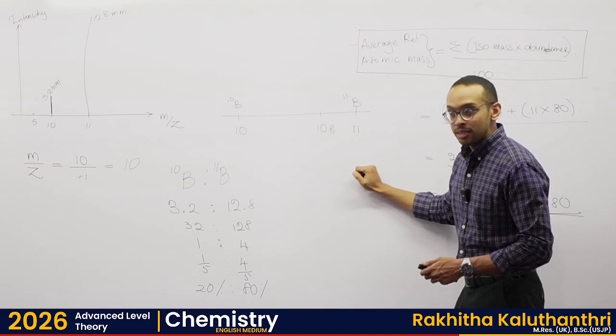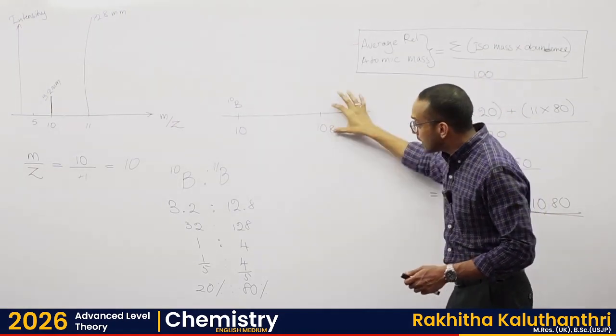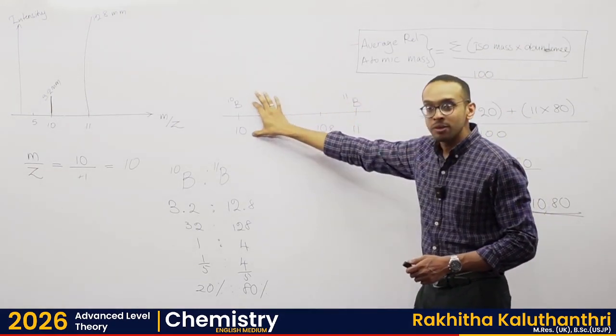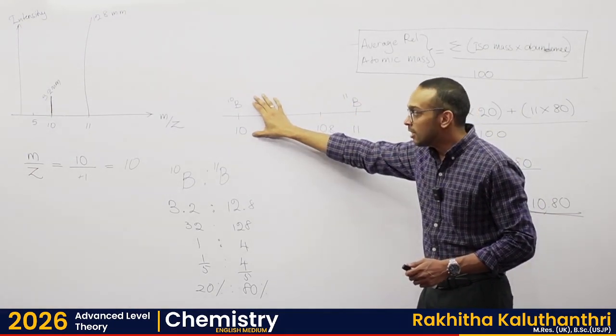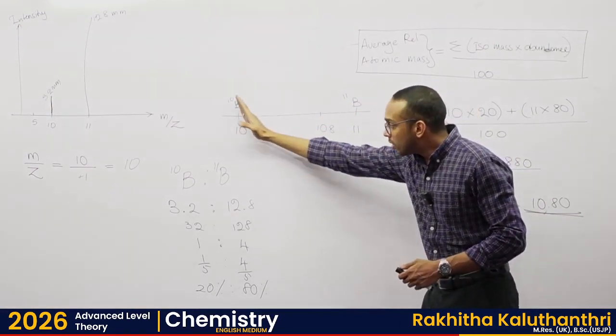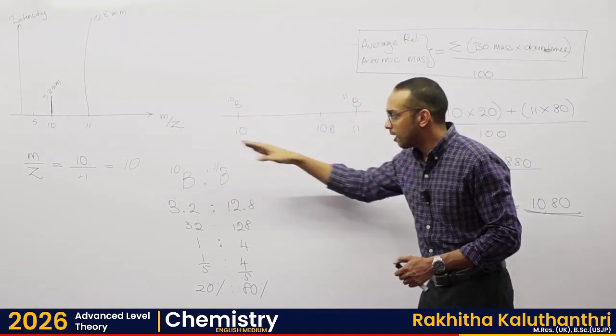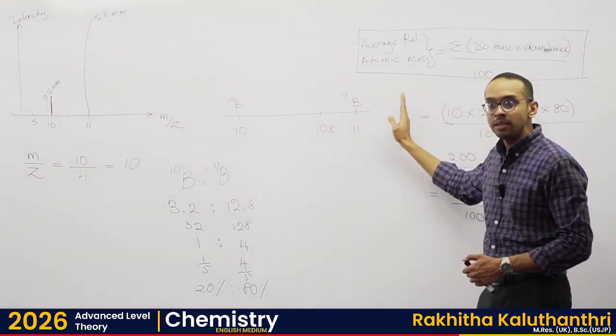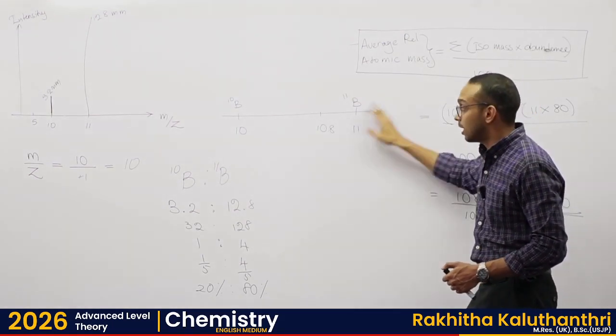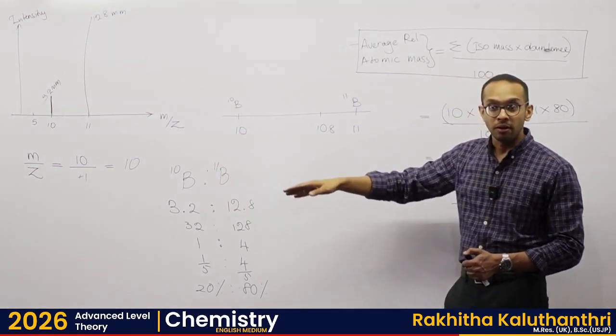Is that clear? However, the answer you get will always be between 10 and 11. It could never be smaller than 10. It could never be greater than 11. If you are getting an answer greater than 11 or smaller than 10, you are wrong.